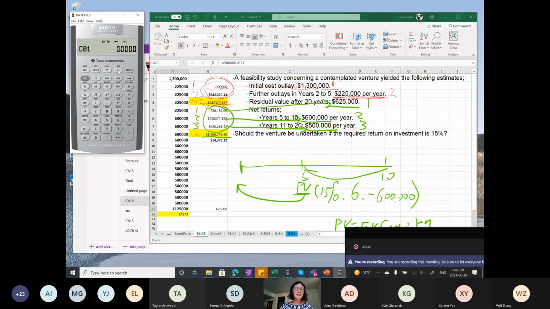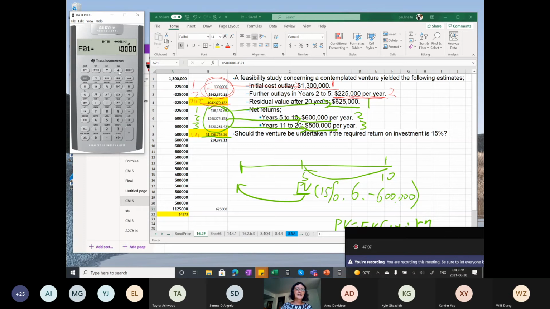Now use the down arrow key, C01. C01 means the first cash flow. It is a negative 225, so you type in 225,000. This is a negative number. Press enter. This is cash flow 1.